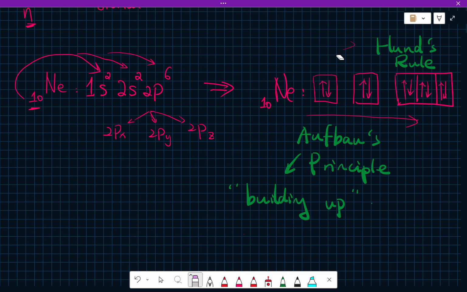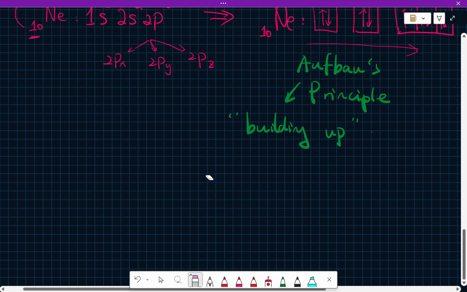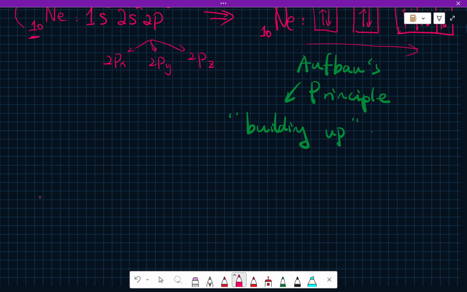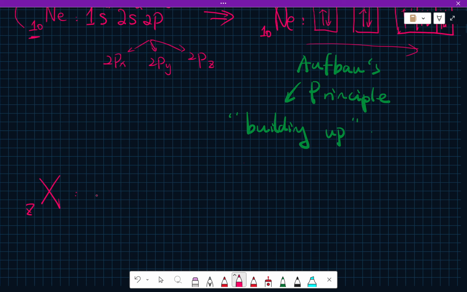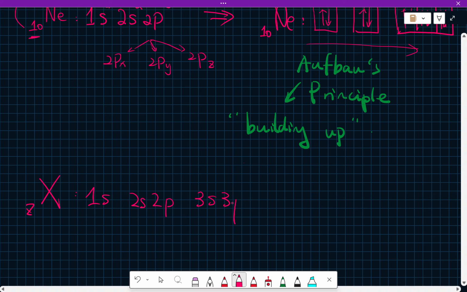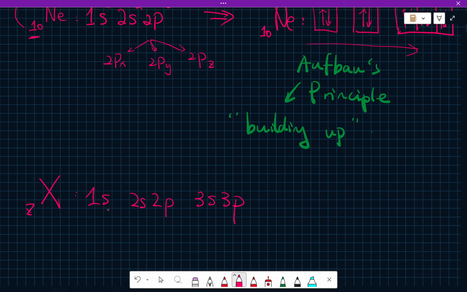So we don't skip the first energy level and start directly from the second energy level, which is not allowed. In fact, the whole sequence of orbitals for a particular atom with an atomic number Z is always 1s, 2s, 2p, 3s, 3p, like this for the first 5 orbitals. Each s orbital can hold 2 electrons, and each p orbital can hold 6.